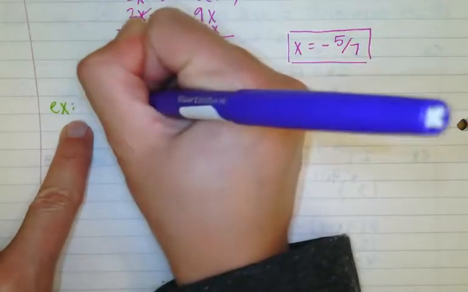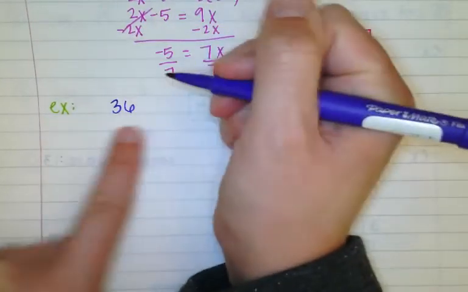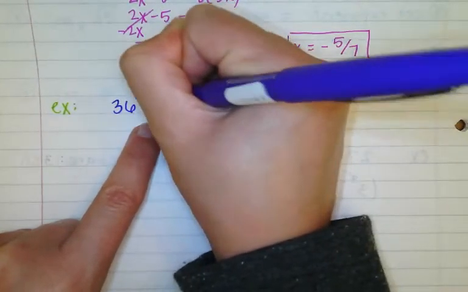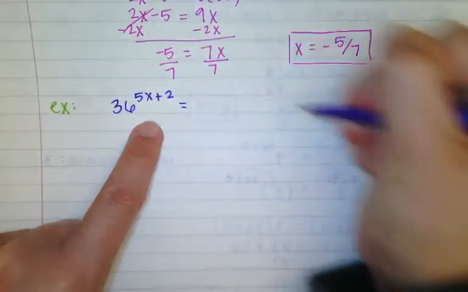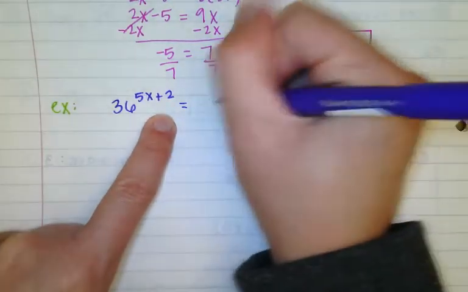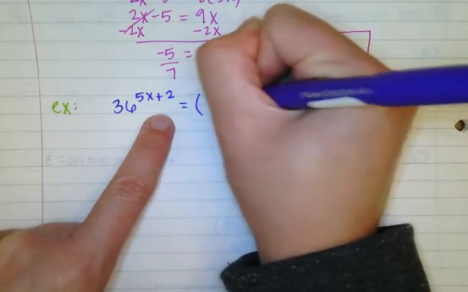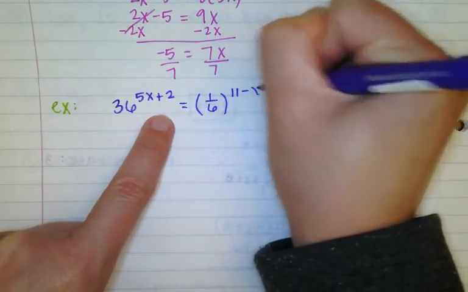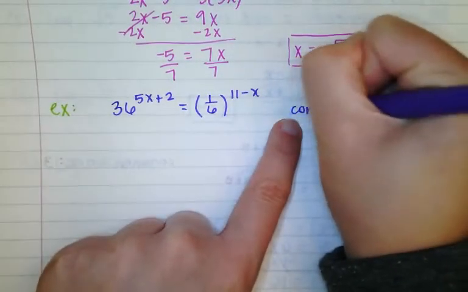So let's do 36 to the 5x plus 2 power equals 1/6 to the 11 minus x power.